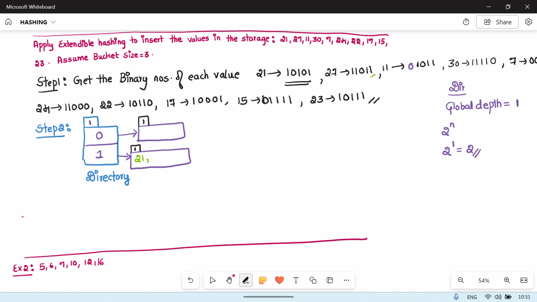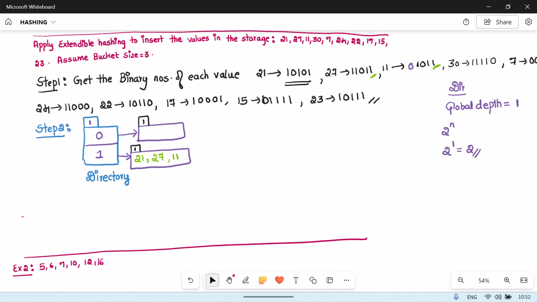Likewise, you will look at the next. For 27, the least significant bit is 1. So again, you will look at this one, and it is pointing to this particular bucket. So 27 also will come here. Likewise, 11 also will come to this position.